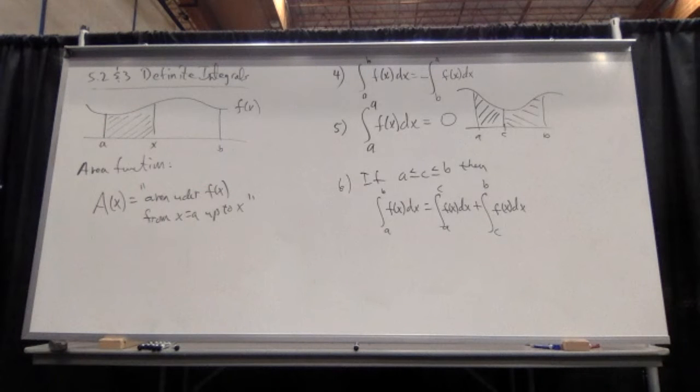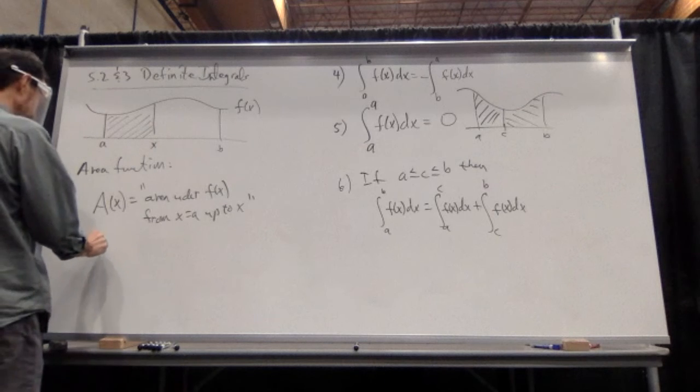And you can see as I slide x around, it's going to change the value of the function. Because the function is non-negative, actually positive, A of x is an increasing function, right? The further out I go, the more area I get. If it dipped down below the x-axis, then we would start taking area away. It wouldn't be an increasing function anymore.